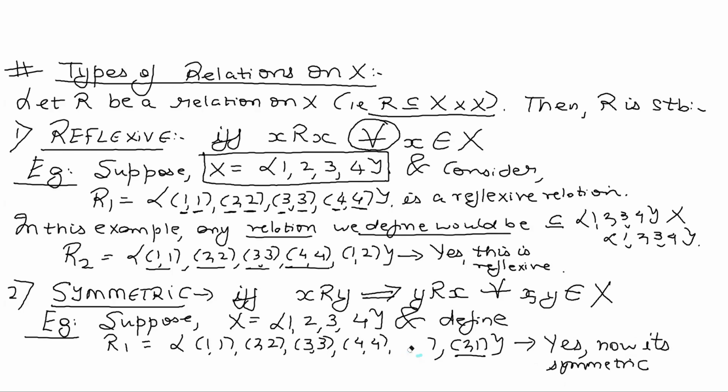I am erasing both. I ask you, is this symmetric now? Can any student answer this? We know it's reflexive. Is it symmetric? Yes, sir. Why? Because the elements are the same, so the order doesn't matter.